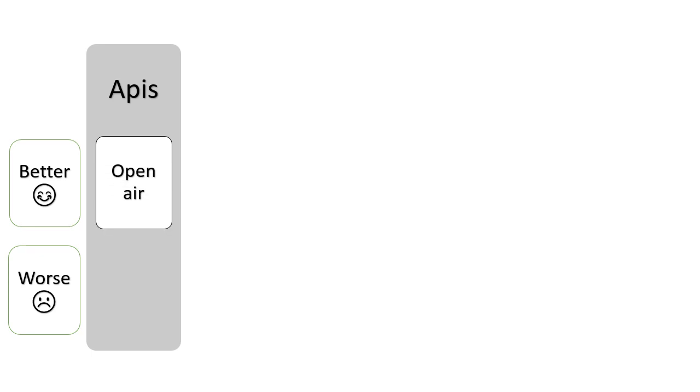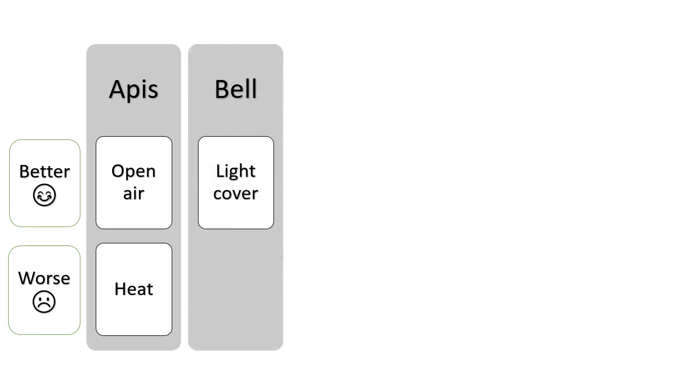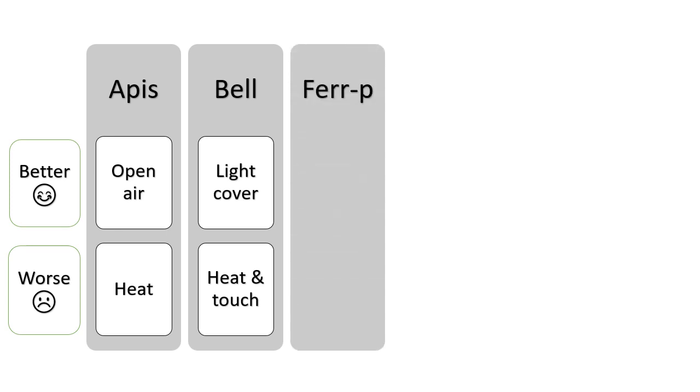Apis is better in open air and worse with heat or hot applications. Belladonna is better with a light covering, but it is worse with heat and touch. They will not let anyone touch anywhere near the boil or abscess.